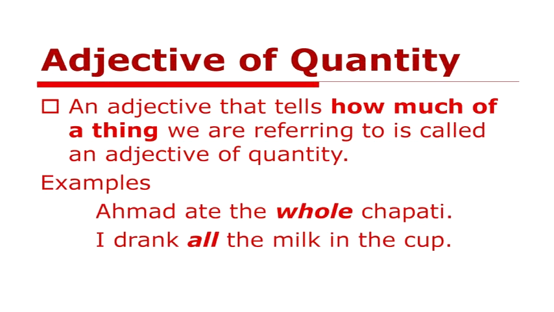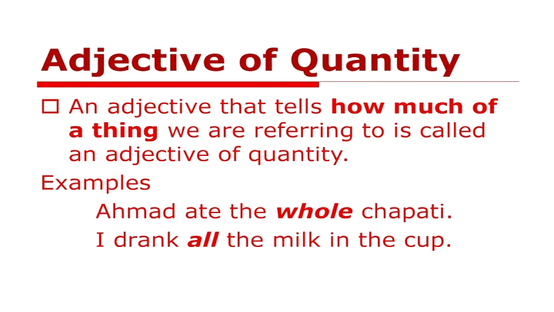I drank all the milk in the cup. So how much of the milk? All. So remember, the word all was also an adjective of number. We have shared one example with you: all the boys are present, because you can count the boys. So the word all there was an adjective of number.